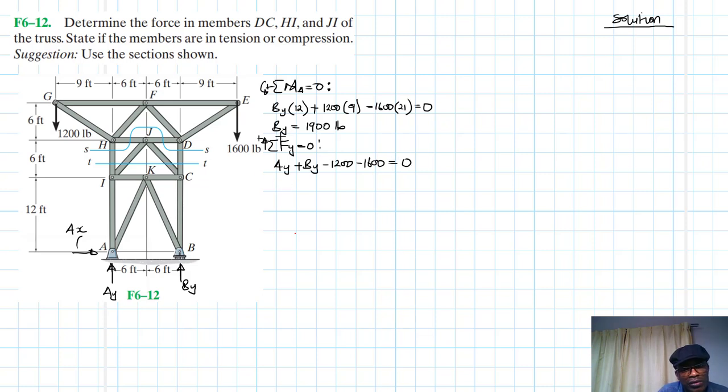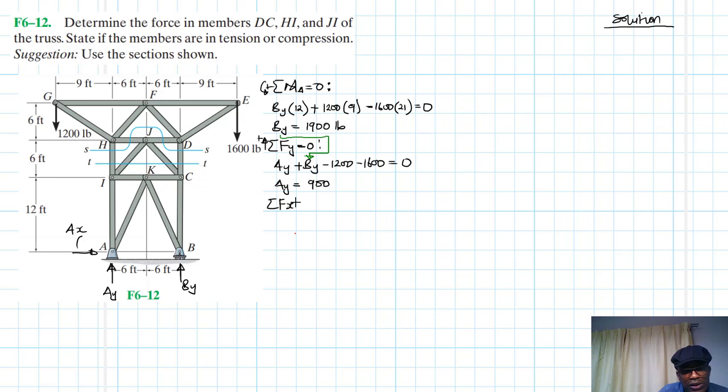We've already found what BY is, so our AY therefore is just going to be equal to 1900 minus 1200 minus 1600. AY is equal to 900. Okay, just checking. Great.